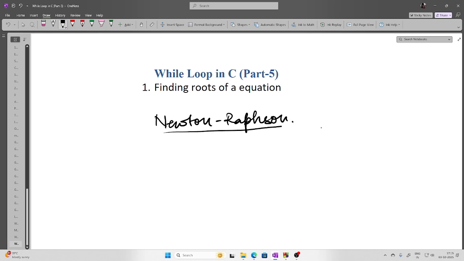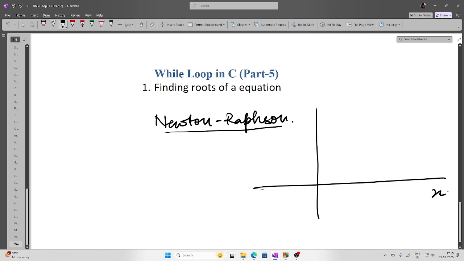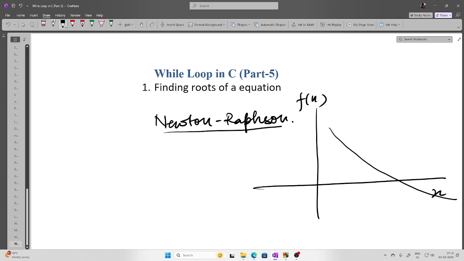How does this work? Let's say this is my curve for that function. I will start with some guess value, let's say this is x guess. Then I will draw a tangent from this point, and let's say the tangent intersects the axis at point xn.